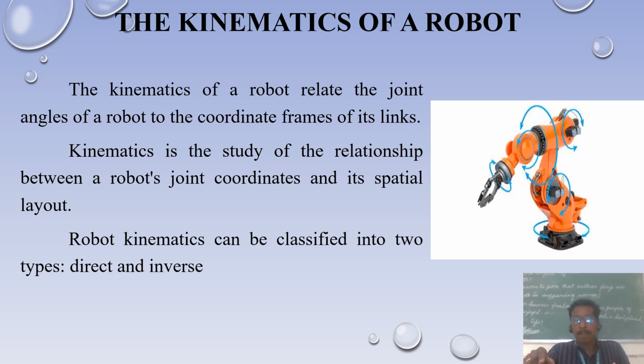So the kinematics of a robot explains how many different types of angles are there to create such rotations in the robotic system. Robotic kinematics can be classified into two types: direct and inverse kinematics.